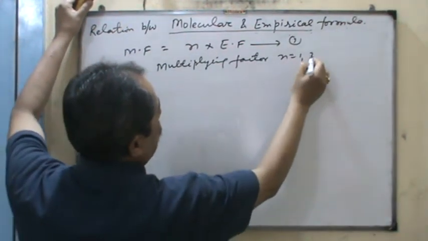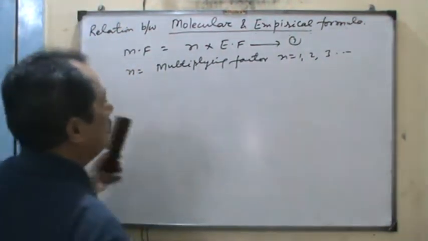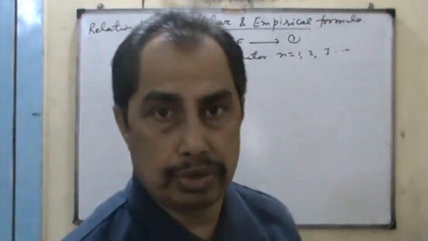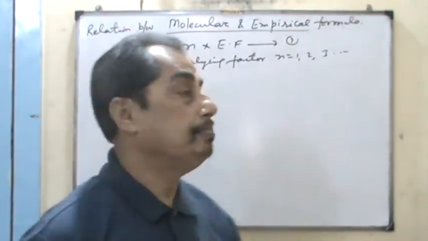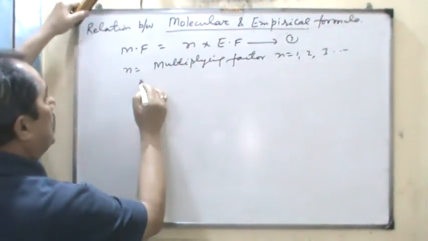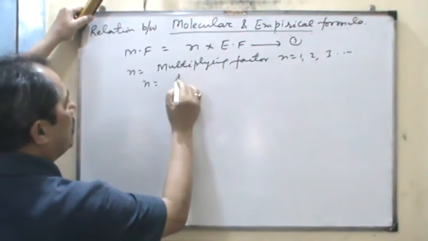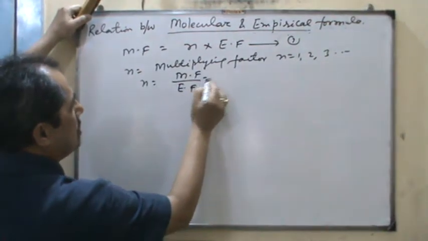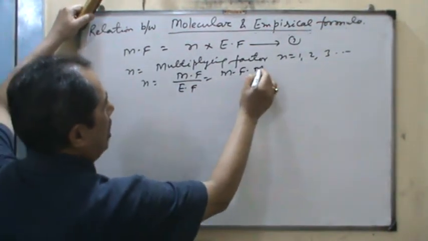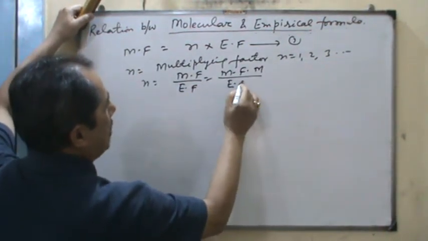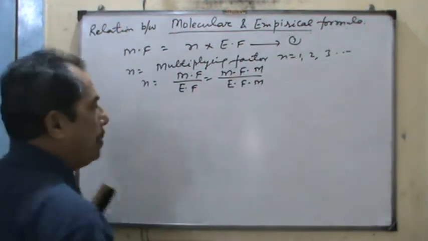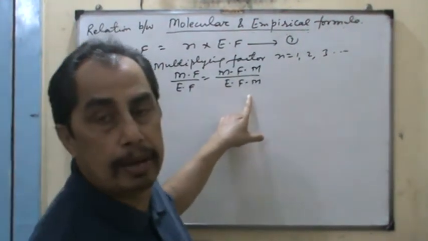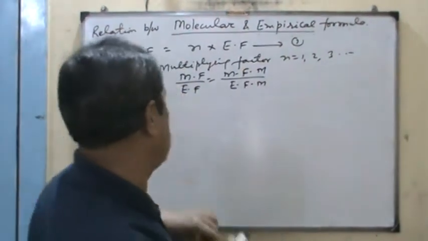That could be 1, 2, 3 and so on. So N is the suitable multiplying coefficient. If you want to take N out, then molecular formula divided by what formula? That means you can say molecular formula mass upon what is that? Empirical formula. Every formula has mass. Molecular formula mass divided by empirical formula mass.